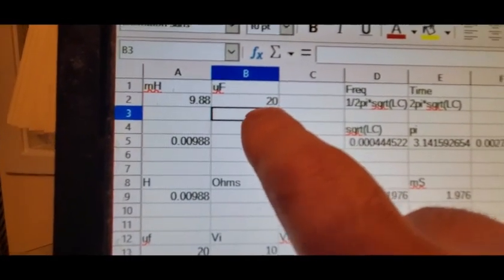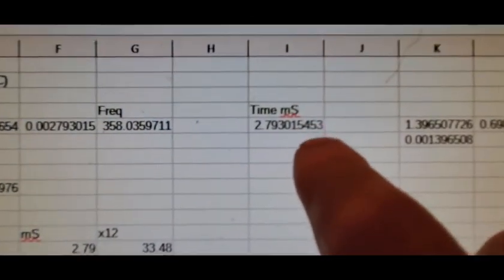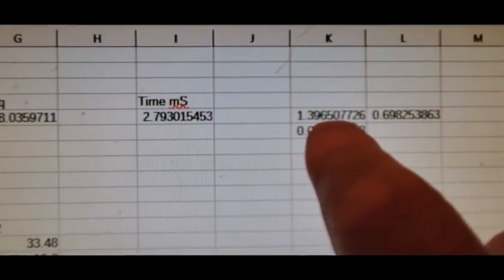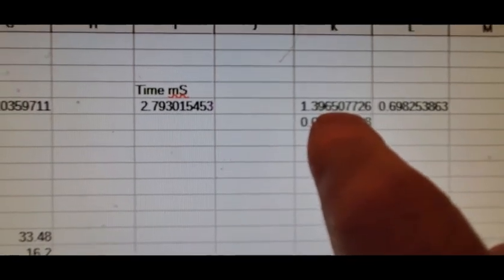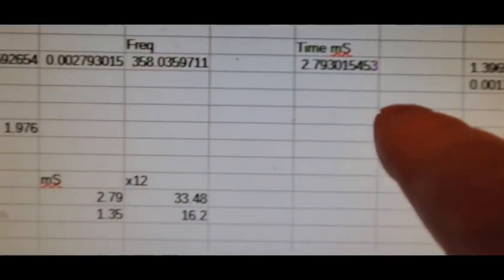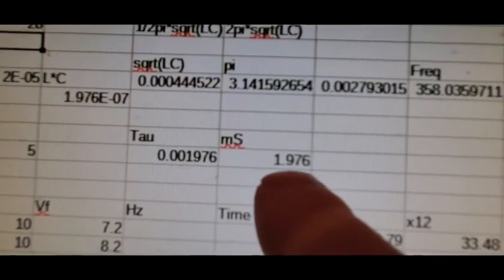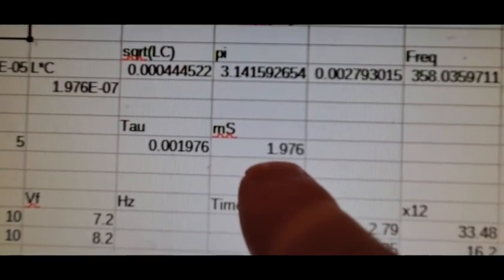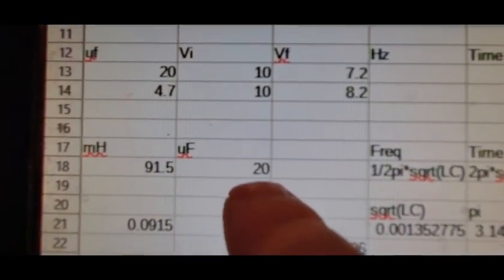Let's say we went back to the 20 UF cap. It's 1.39 milliseconds to get to the most negative, and that 1.39 compares to a tau time of 1.976. Now let's put 20 UF into this one.